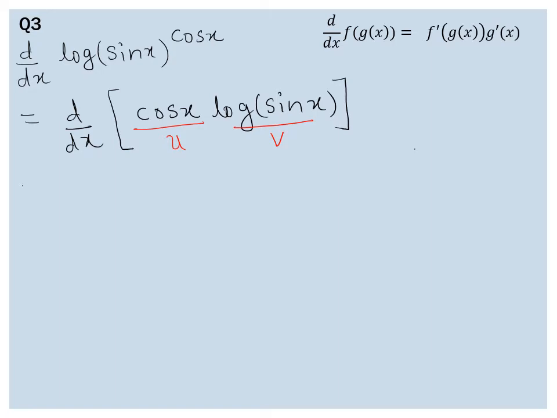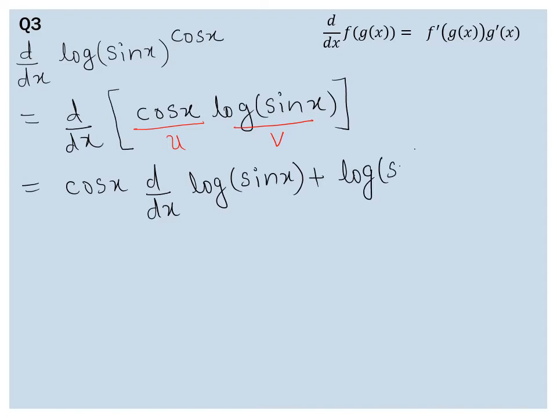So we get this as u into derivative of v plus v into derivative of u, that is cos x. So here cos x as it is.